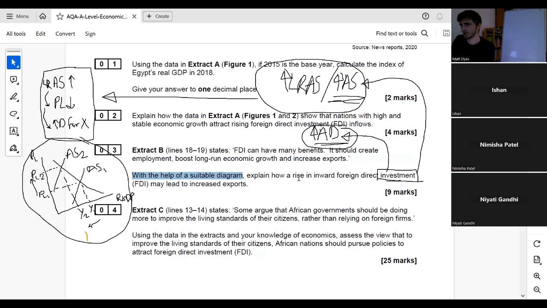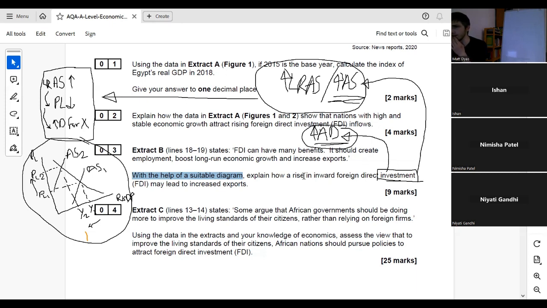So Mira has asked, what would some evaluations be? If we were just talking about whether a rise in foreign direct investment leads to increased exports, I might talk about how it depends whether the investment is in new companies, new capital, new firms being created, or whether it's really just a foreign owner buying existing capital, in which case the effects in terms of the supply of capital increasing are obviously much less.